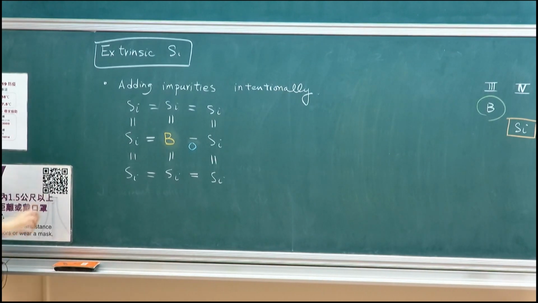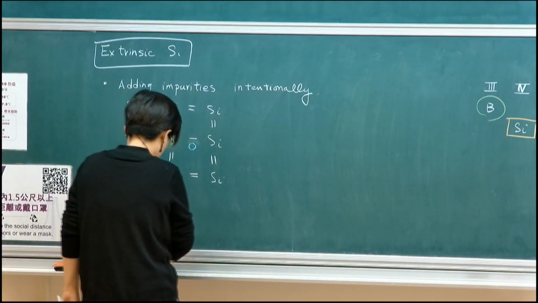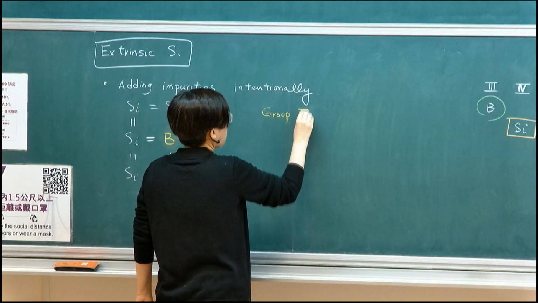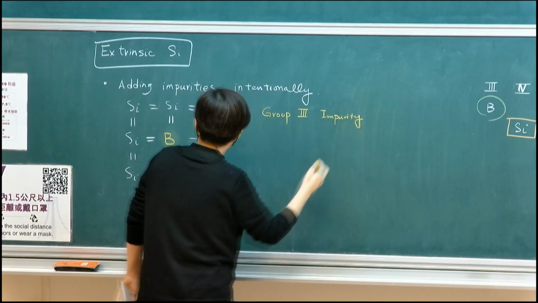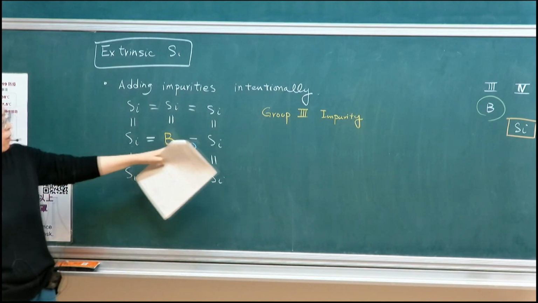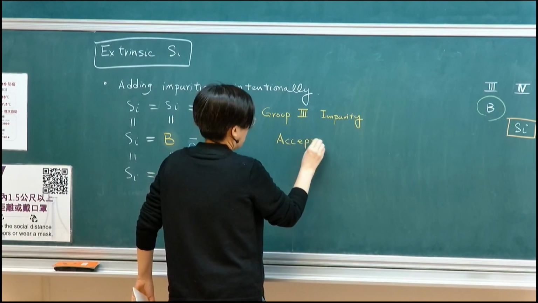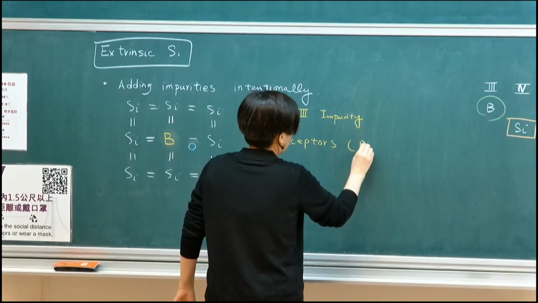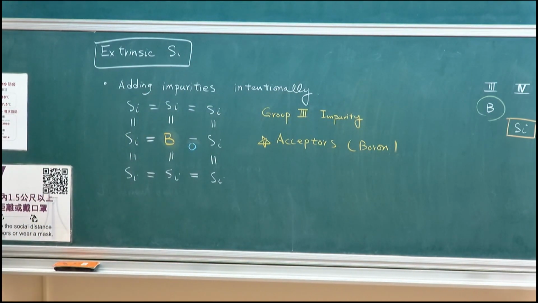So for a group 3 impurity, it will create a seat, meaning that it will be allowed to accept electrons, therefore it's called an acceptor. The boron atoms are acceptors because they can accept electrons.